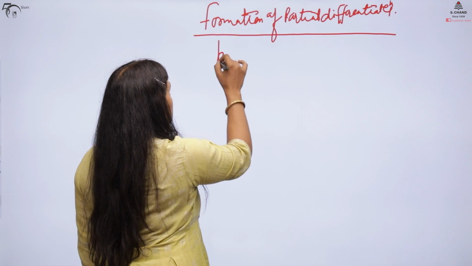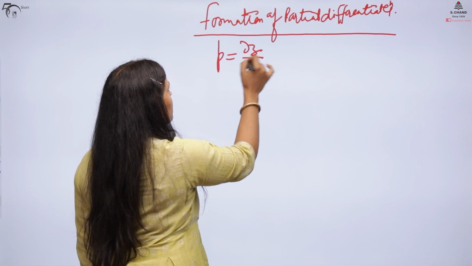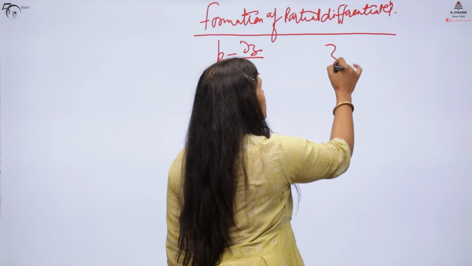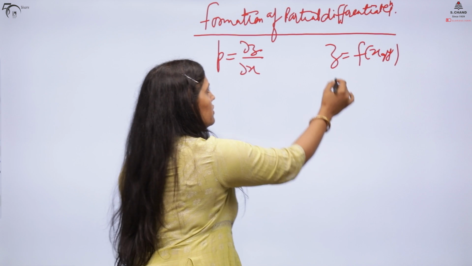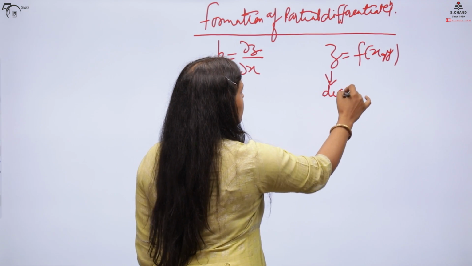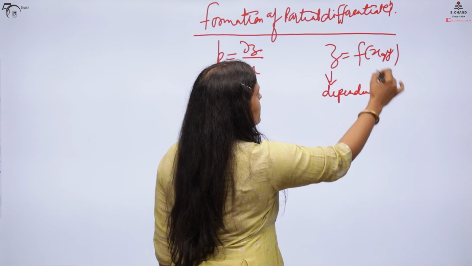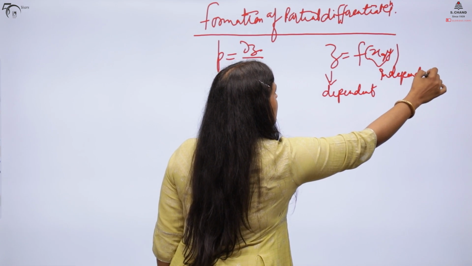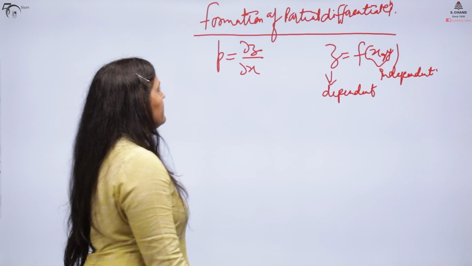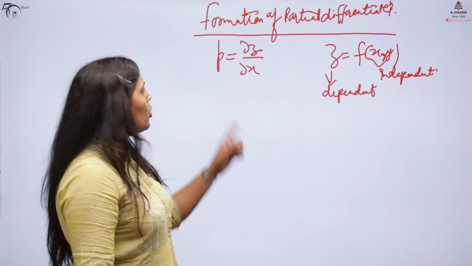So, first is p, small p, and suppose my function is z equal to f(x,y). When I will be differentiating, this is the dependent variable and these two are independent variables. So, z derivative with respect to x I am calling as small p.